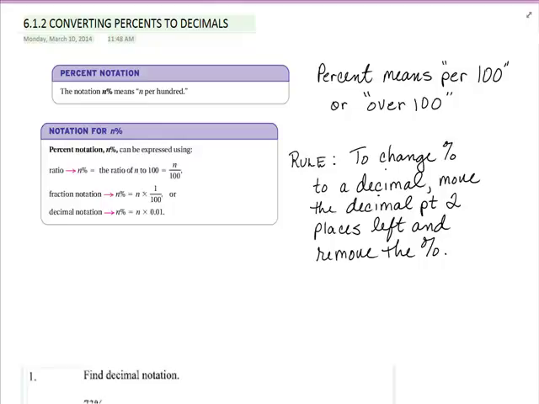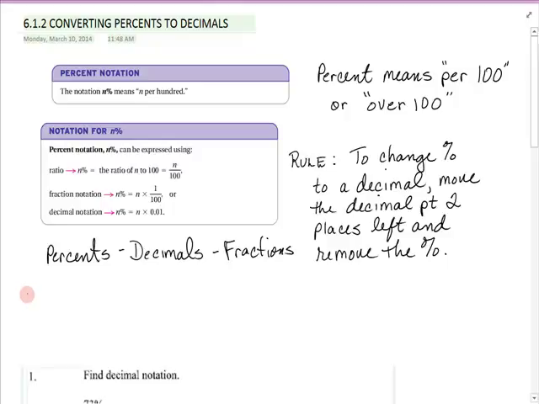In order to change, we're going to spend time in several different lessons moving between percents, decimals, and fractions. So as we work through these different lessons, we will talk about changing back and forth between forms.